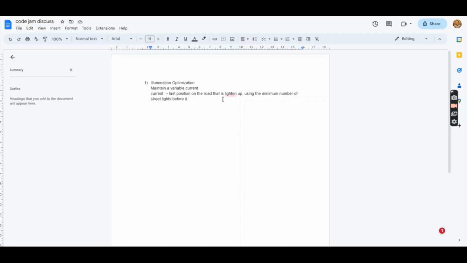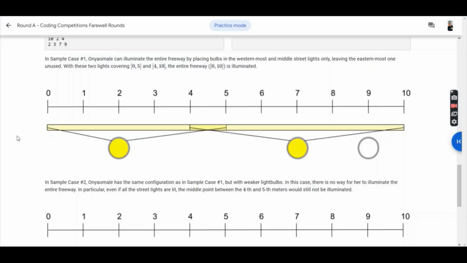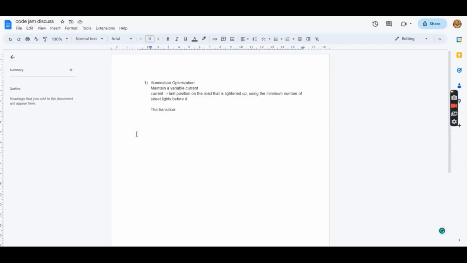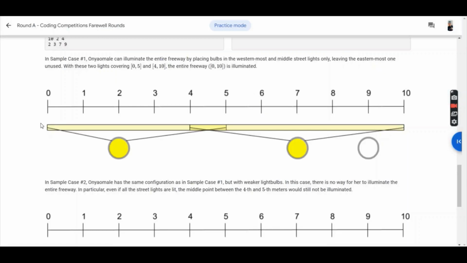Now let's write the transition. For the next bulb, you can observe that you will always need a bulb whose starting position is before the ending position of the last bulb. You can put the starting position of each bulb in a set.